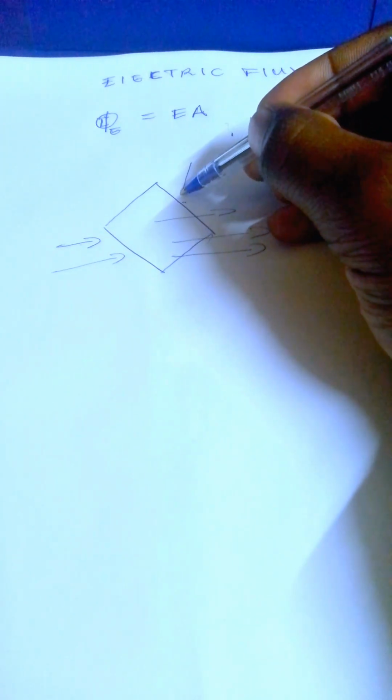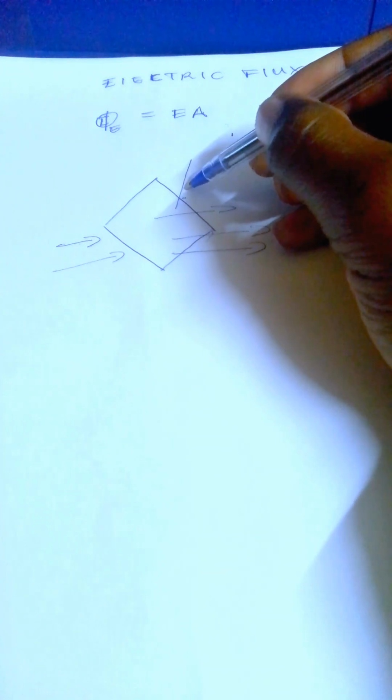For example, we are going to have a Gaussian surface like that. I hope you are able to see. If you have some electric field passing through this Gaussian surface like that, then we always assume there is a perpendicular line to the surface, a normal line at 90 degrees.